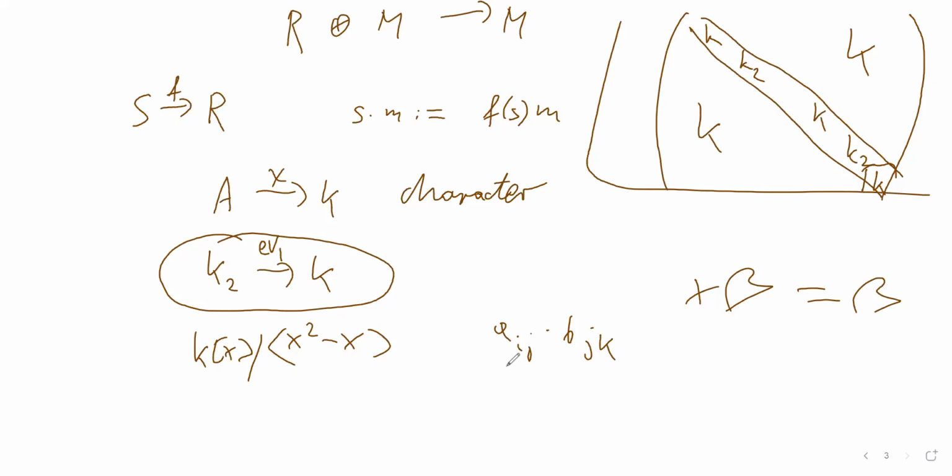And finally, if it happens that both of these entries are on the diagonal, and they happen to be at the slots at which I have this modified entry, which means I have a ring K2 instead of a field K, then I simply use the ring multiplication. Okay, so that's the recipe, and I hope I didn't screw it up.